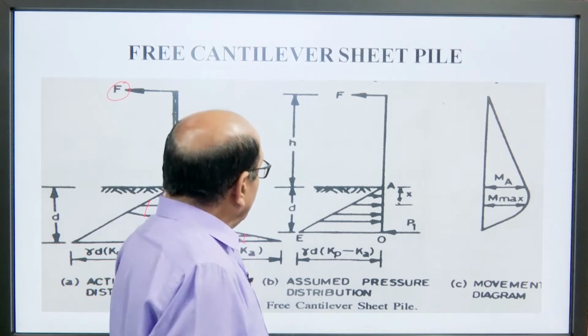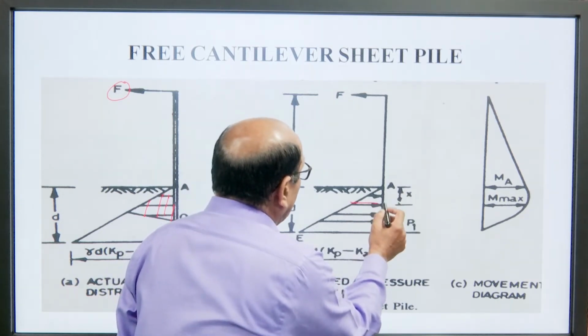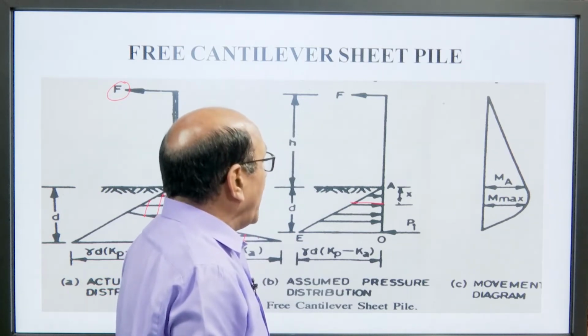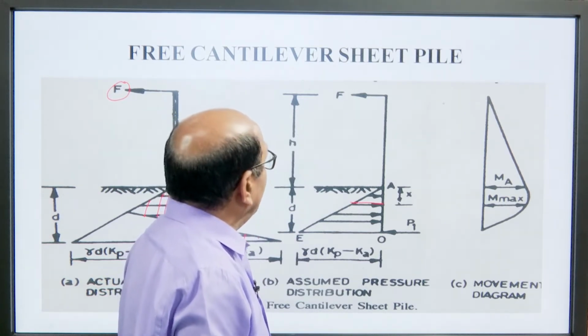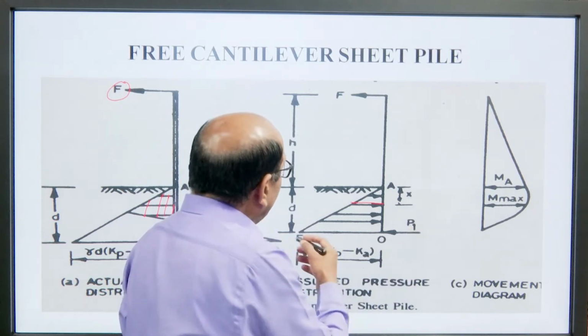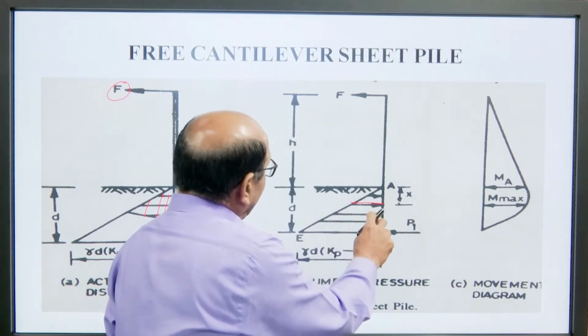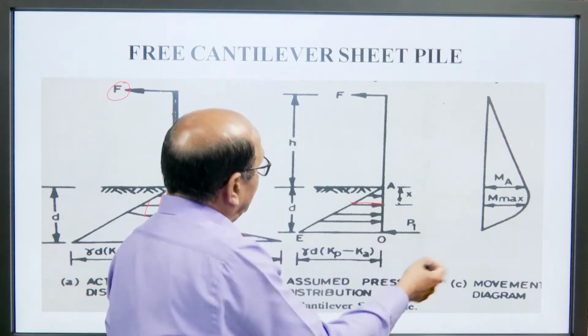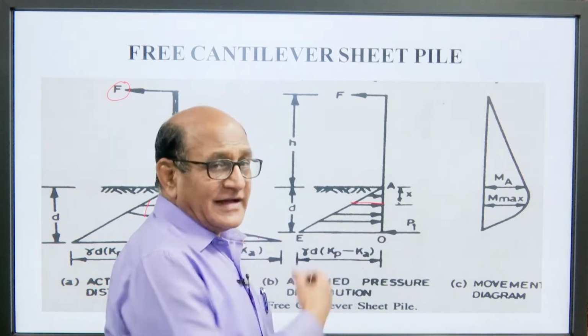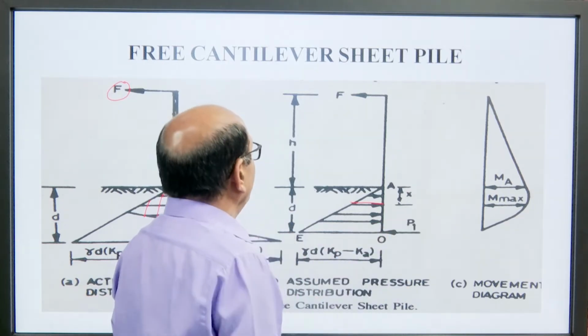This is the point x from the dredge level. Pressure is acting towards this side and this is the passive force acting against the pressure acting to this side.